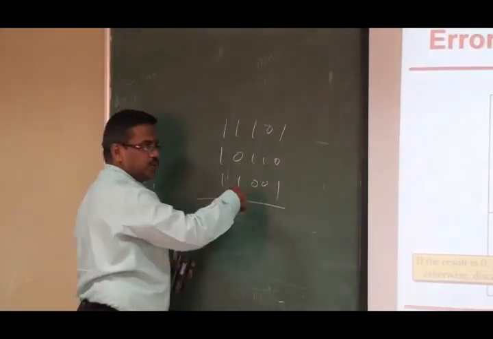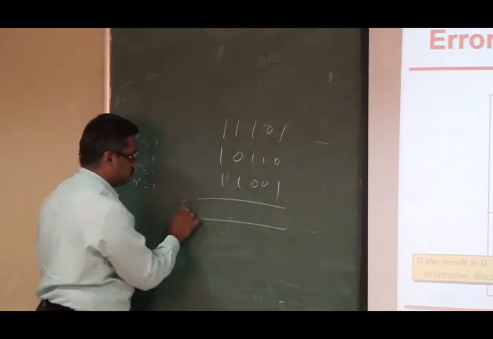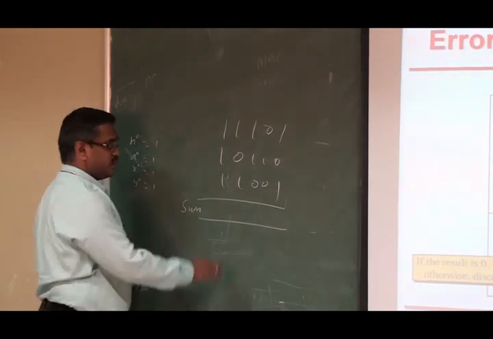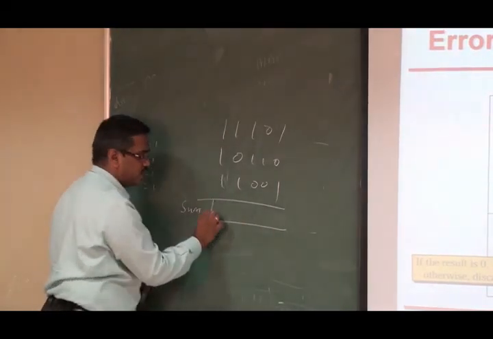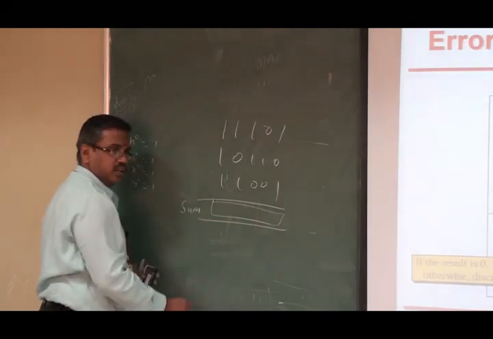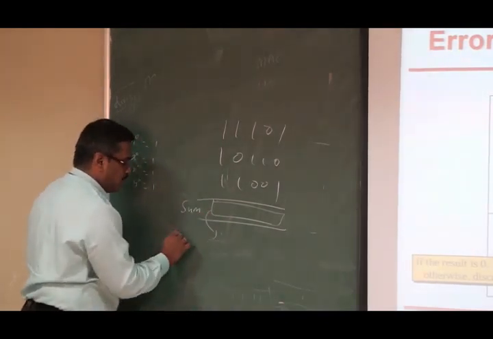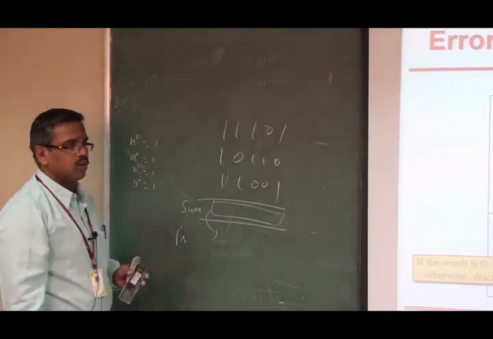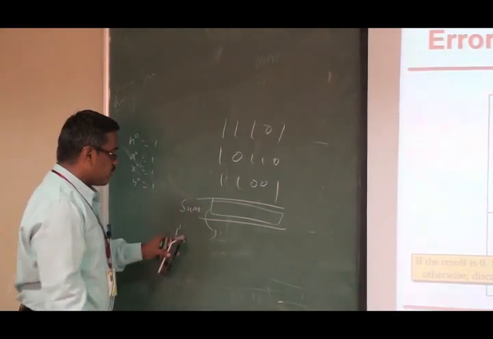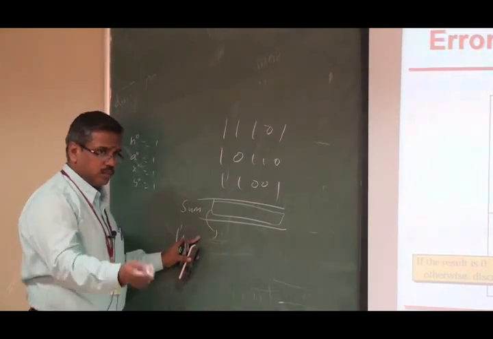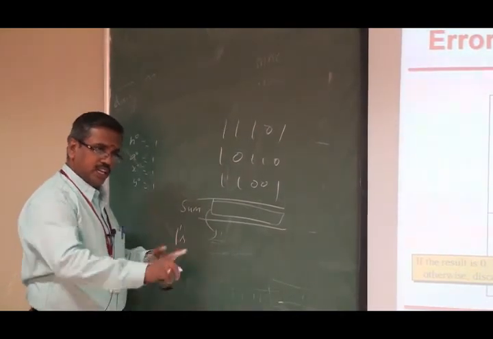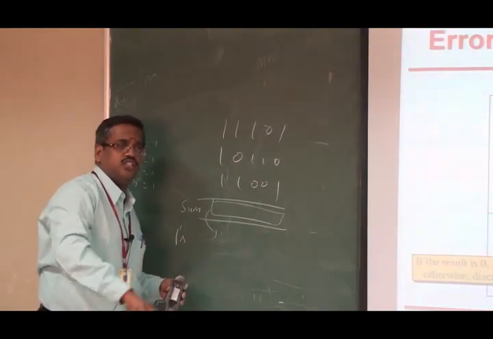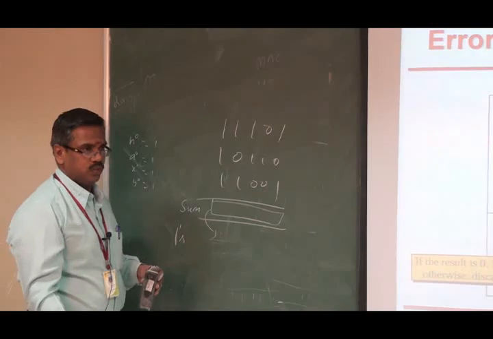While transmitting these data units, you need a sum. You take the sum of these data units. This is considered as a single data unit, and you take the one's complement. The one's complement that you have studied in digital principles means interchanging the bits: instead of 0 you change to 1, and 1 becomes 0.